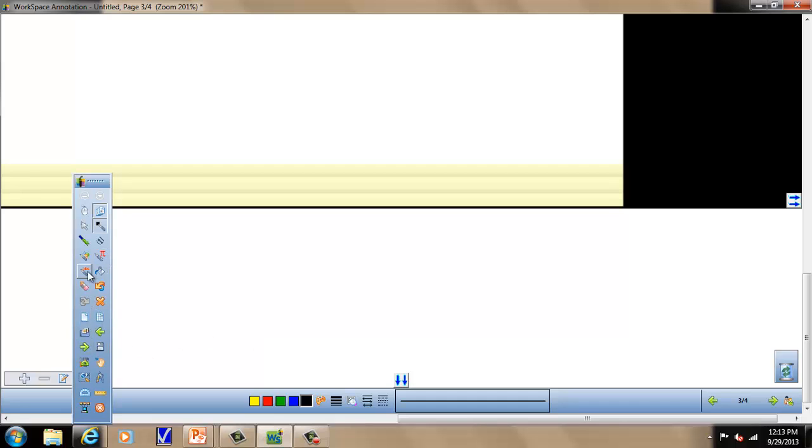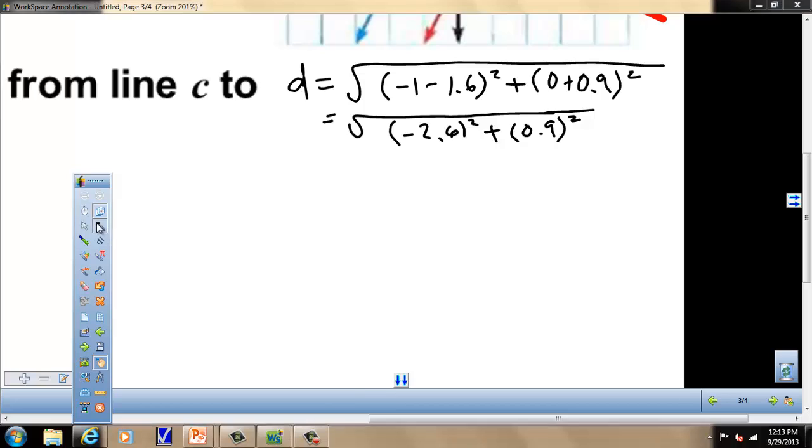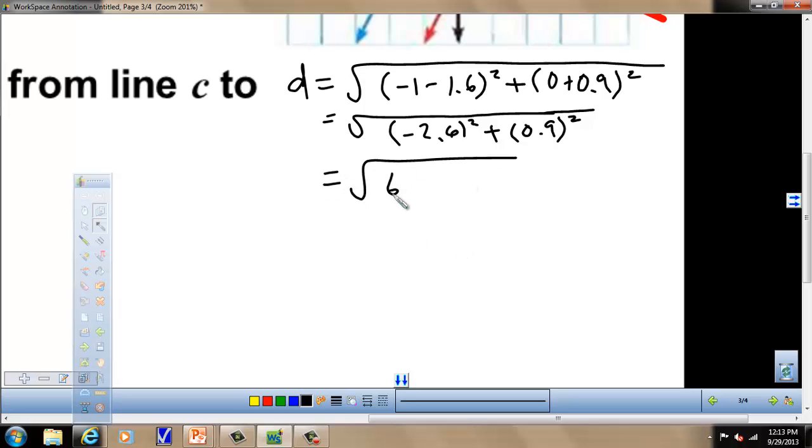I knew that was going to happen, so I'll just move back up. For 2.6 squared, we get 6.76, and for 0.9 squared we get 0.81.